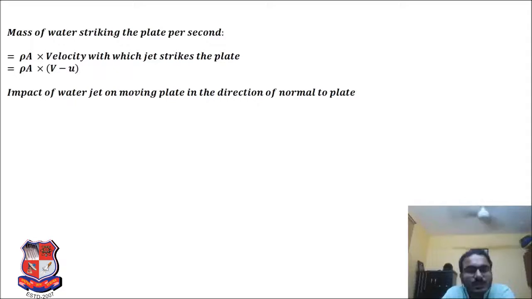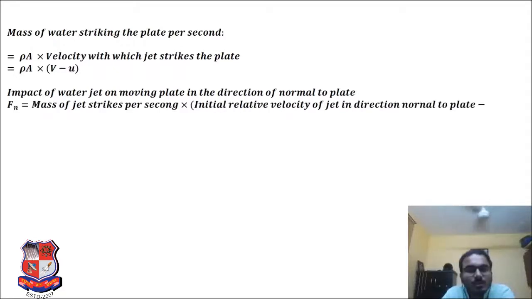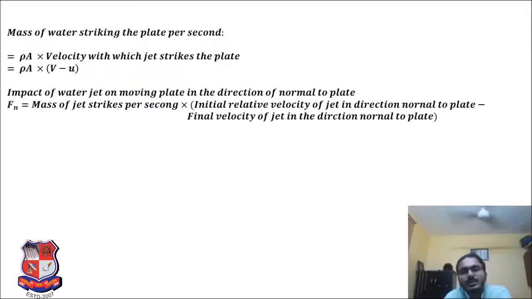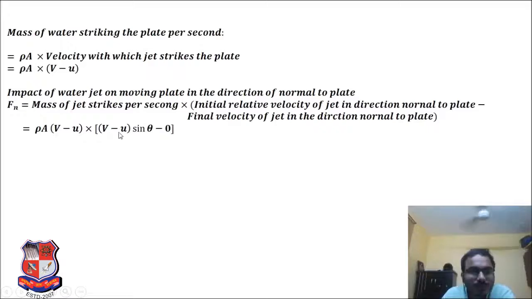Impact of water jet on a moving plate in the direction normal to the plate is mass multiplied by initial relative velocity in the direction normal to the plate minus final velocity of jet in the direction normal to the plate. So here you see this component v minus u into sine theta is already derived, and the final velocity will be 0, because it is in the direction normal to the plate.